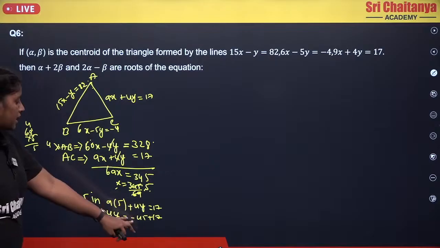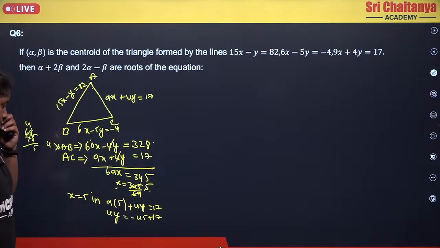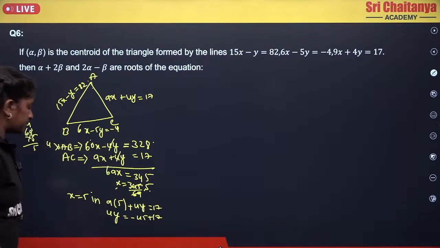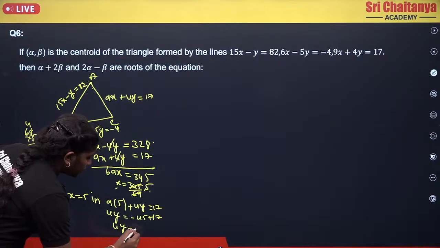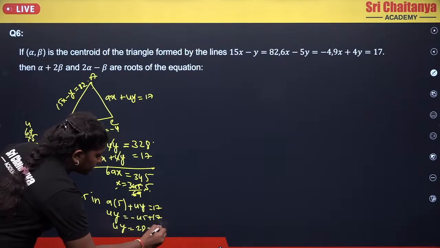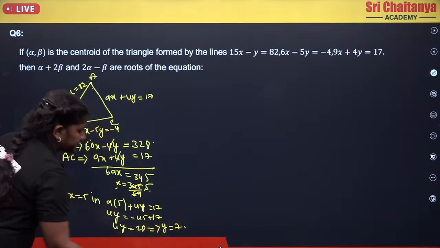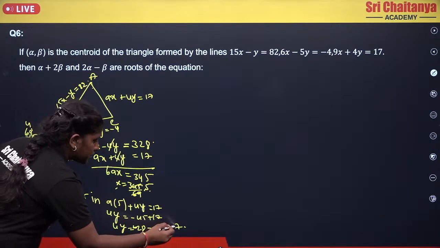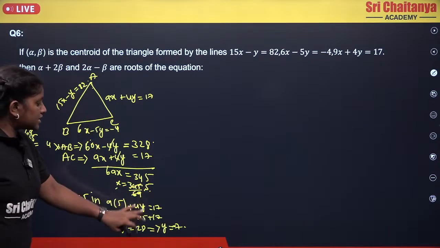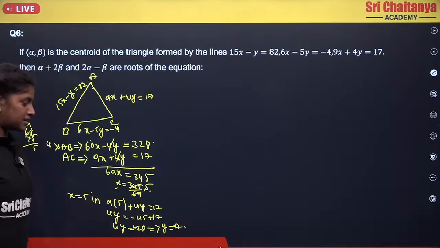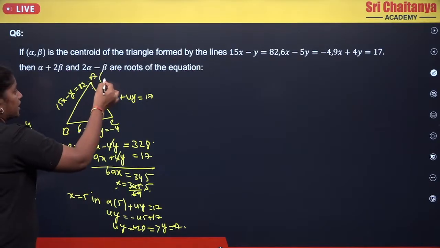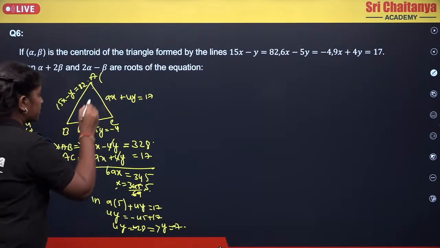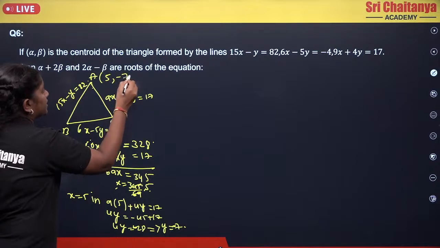So minus 45 plus 17 is minus 28. So 4y equals minus 28. From there we get y equals minus 7. So x we got as 5 and y we got as minus 7. So what are the coordinates of A? A will be (5, minus 7).